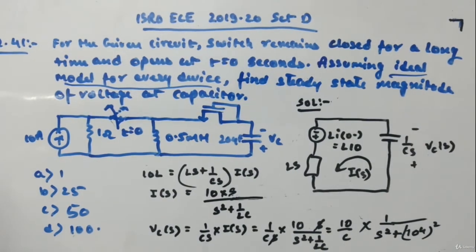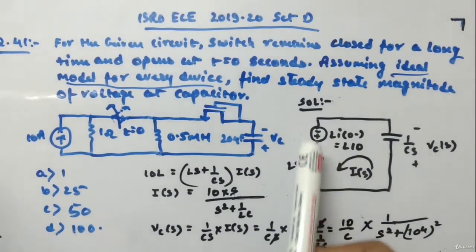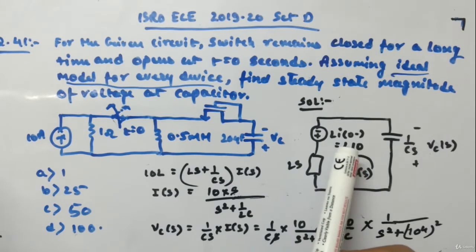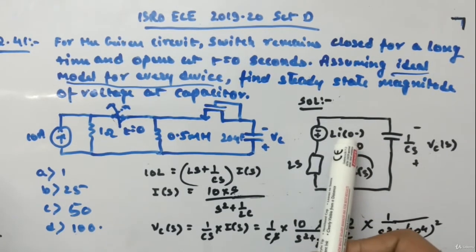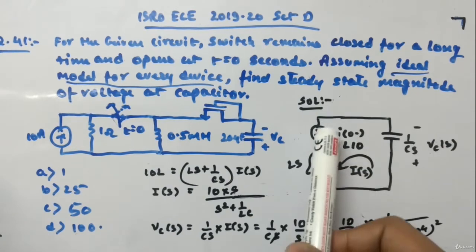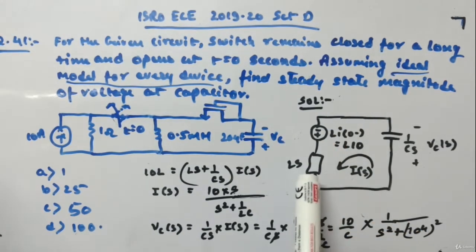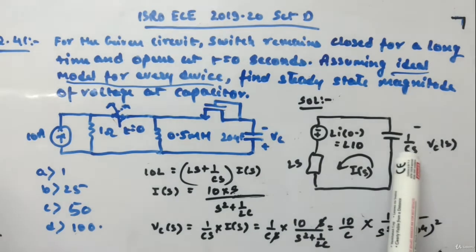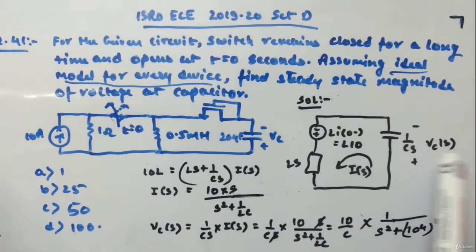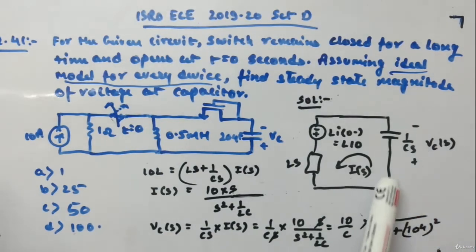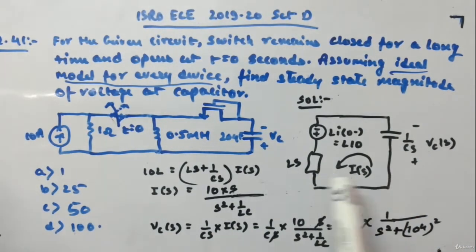Okay, let's solve this circuit with Laplace. This is a charged inductor, so L i0-, which is L into 10, since 10 is the i0-, negative positive voltage, and Ls. This is the Laplace transform of the inductor. The Laplace transform of the capacitor is 1 by Cs, negative positive VCs, the voltage. I am assuming current I(s) in this direction.